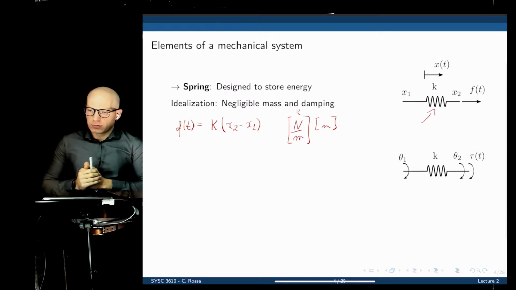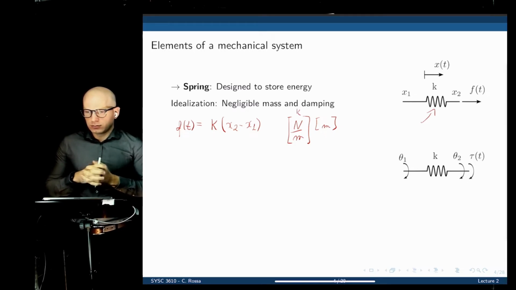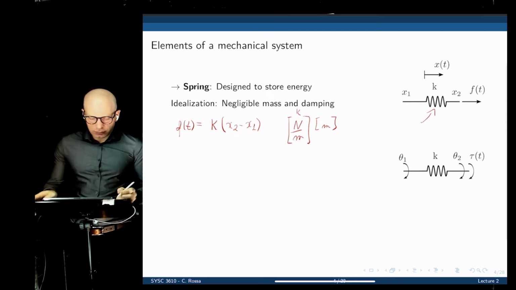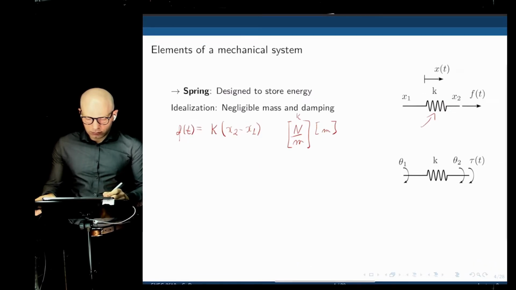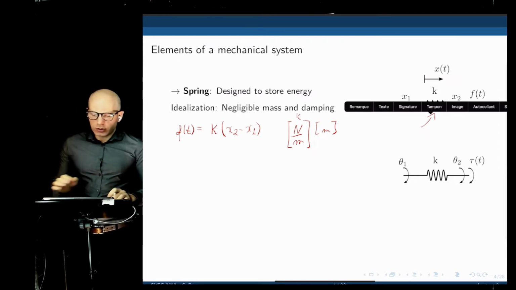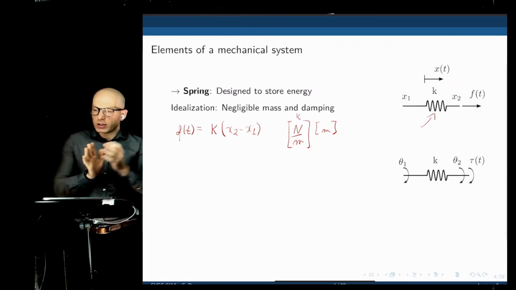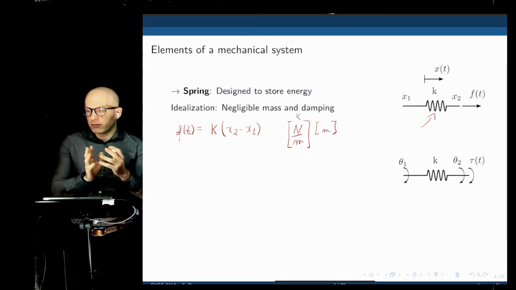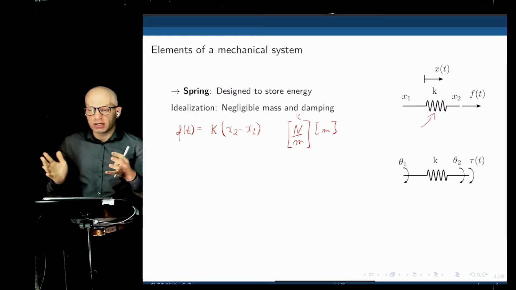Can I ask a question before we move to the other one? Yeah. So when we say x2 minus x1, that's because we're doing it algebraically. So we're actually adding the two together in a way. Yes. One end of the spring doesn't give you enough information to tell you how stretched that spring is.